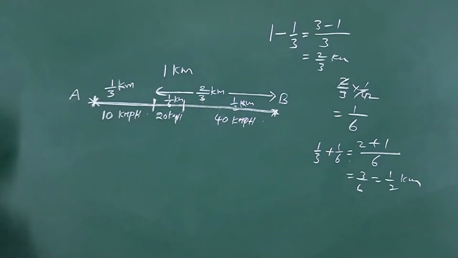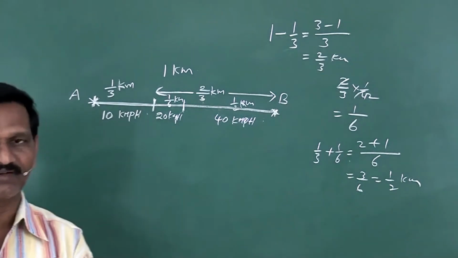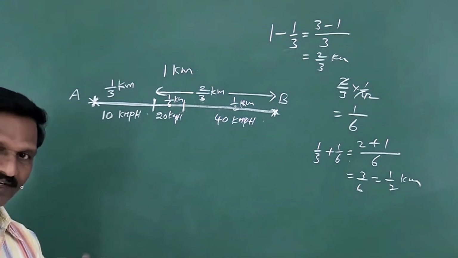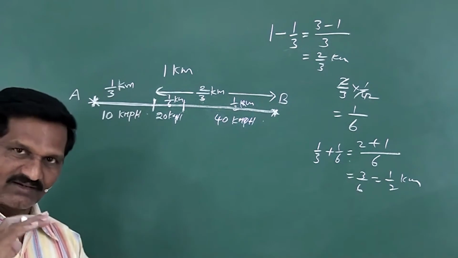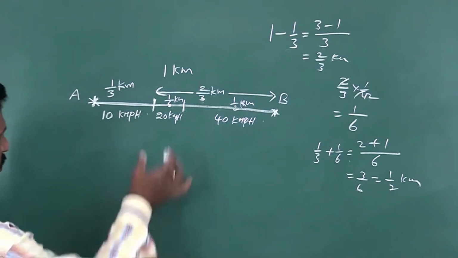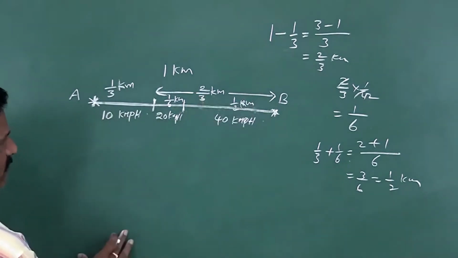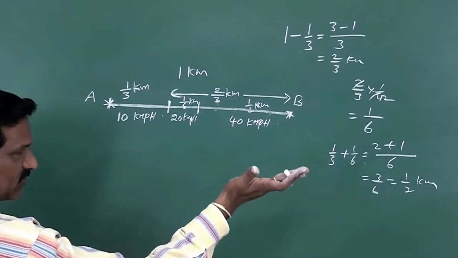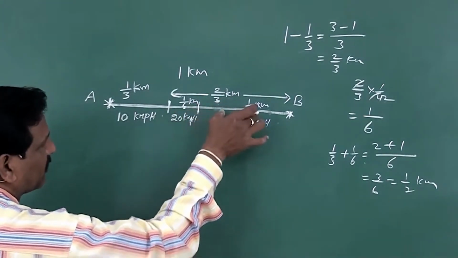This way we have to divide the 3 parts based on the logic given. Here first 1/3, next 1/4. Next 1/4 means 1/4 of the remaining distance. So if you know this one and this one, then you get this remaining distance. So 1/3 kilometer, next 1/4 means 1/4 of the remaining distance.